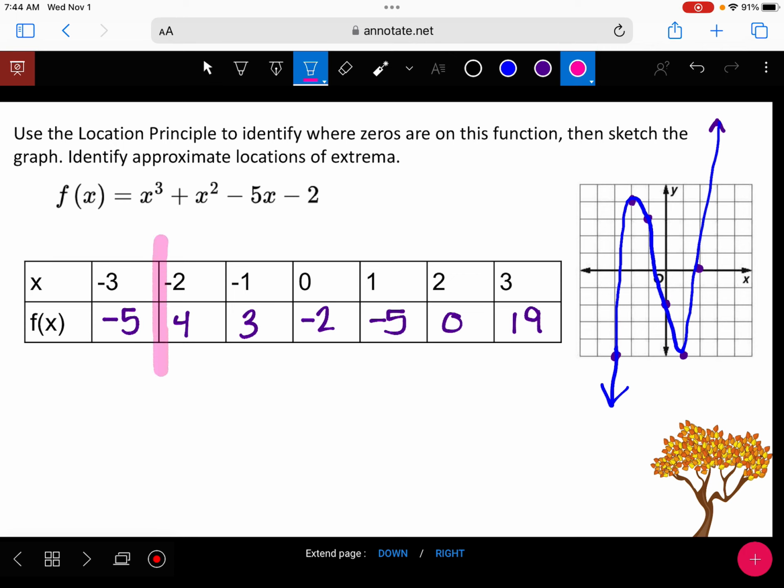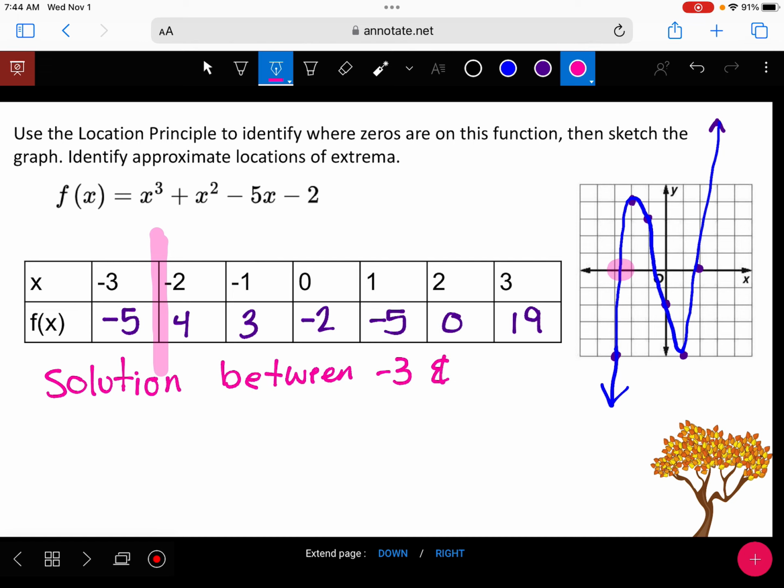So where it switches from positive to negative. So we have one solution between -3 and -2.